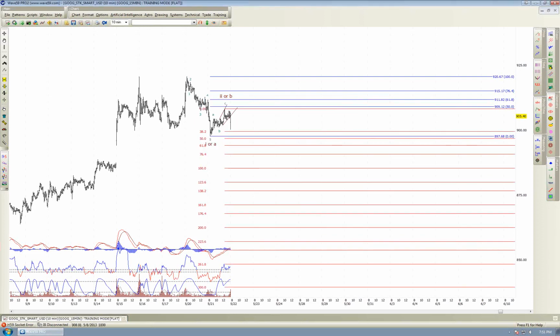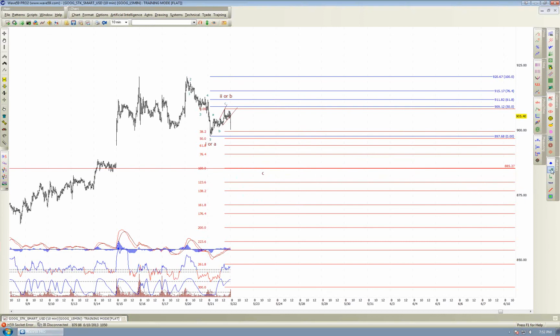So if it's a C wave, then we're typically going to be looking for price to stop at the 1.0 extension. This is the most common Fibonacci relationship between an A wave and a C wave.